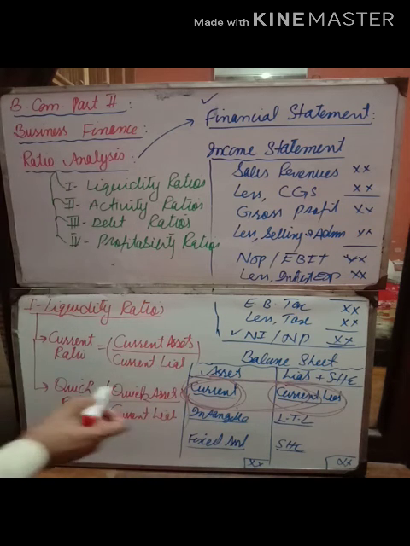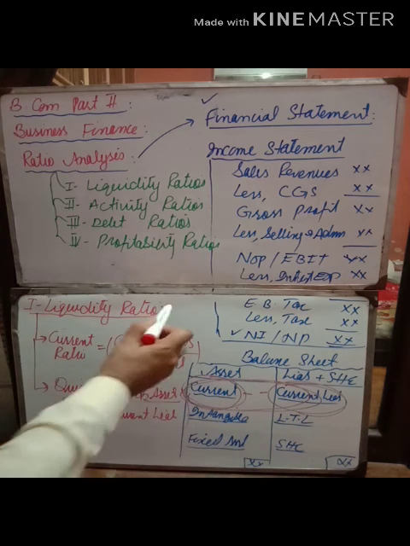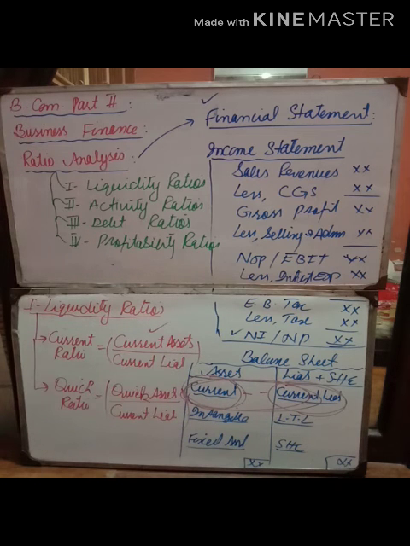We can calculate quick assets from our current assets if we subtract the inventory. Current assets include many items like cash, inventory, bank balance, etc. So if we subtract the inventory from current assets, then we get the quick assets. If these quick assets are divided by current liabilities, then we get the quick ratio. So these are about liquidity ratios.